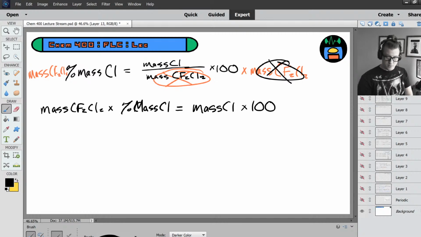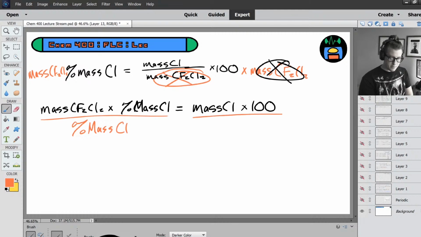Now, because we're solving for our mass of CF2Cl2, we need to isolate it on one side of the equation. So we need to divide both sides by the percent mass of chlorine.